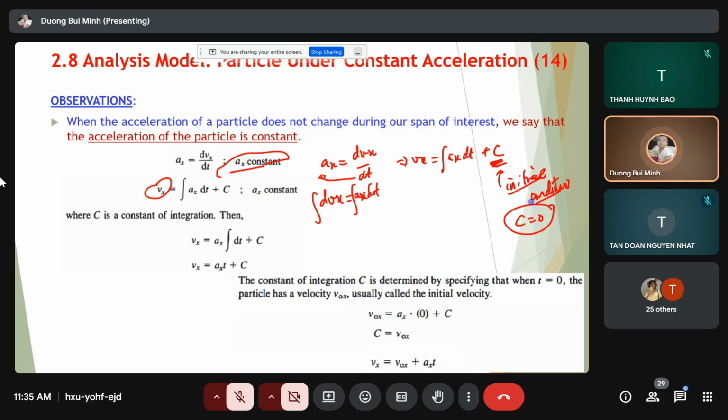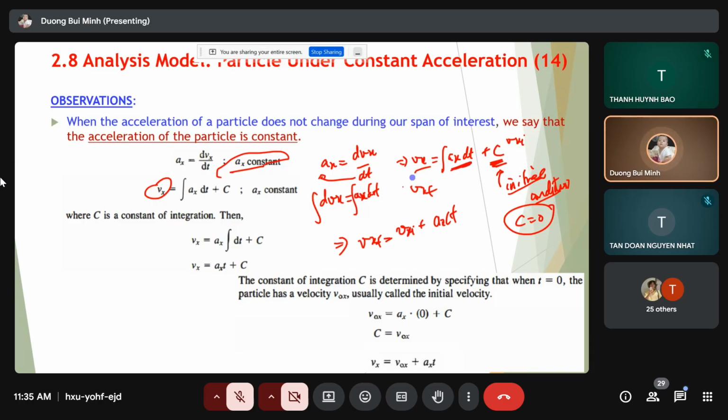But now we cannot assume that. So we say c is the initial condition of the vx, here vxf, here vxi. So now we can get vxf is vxi plus Ax times t.